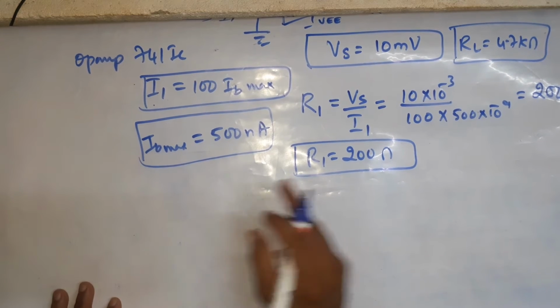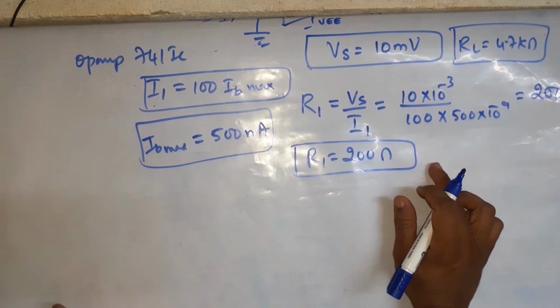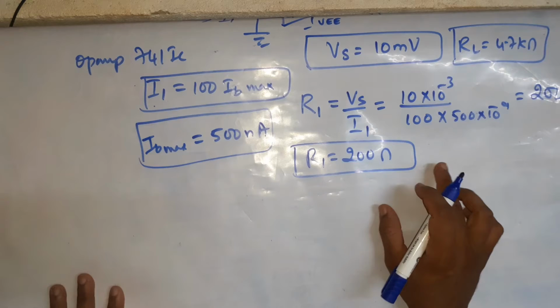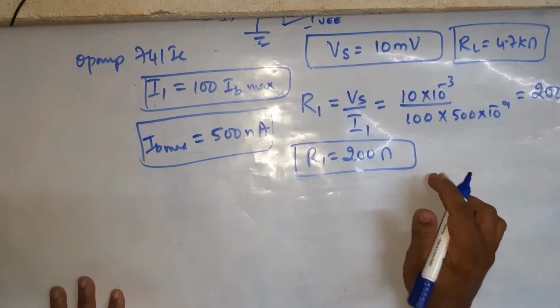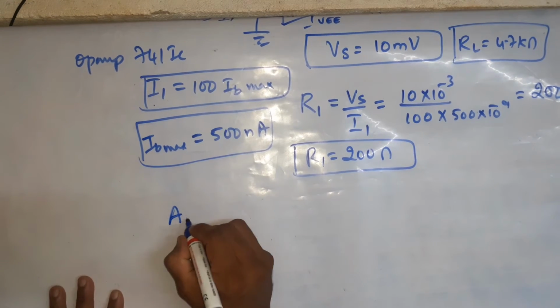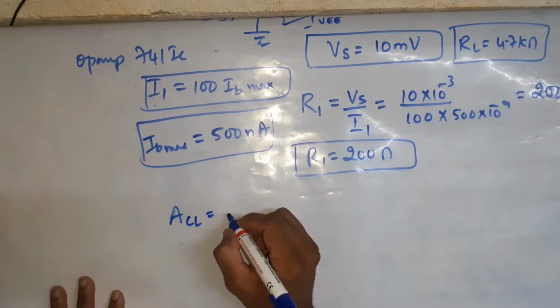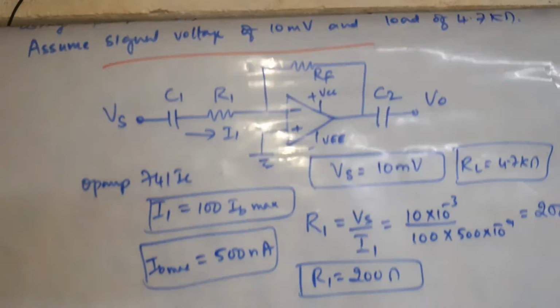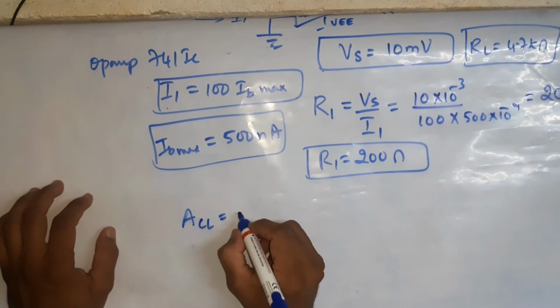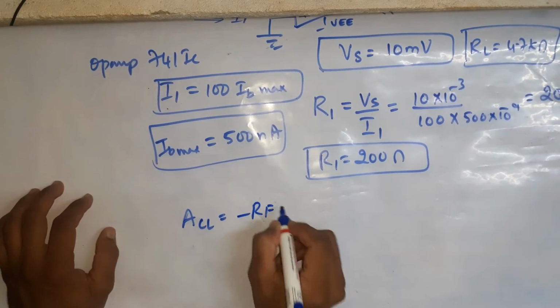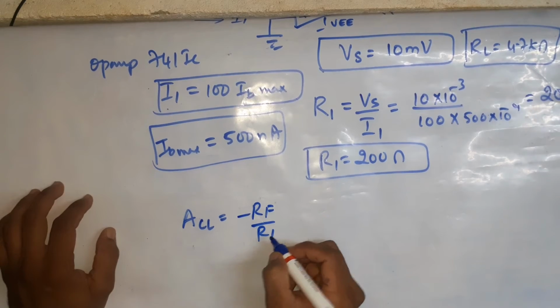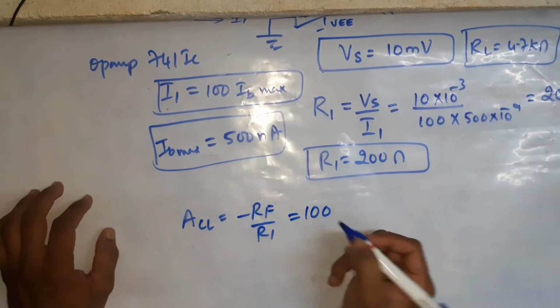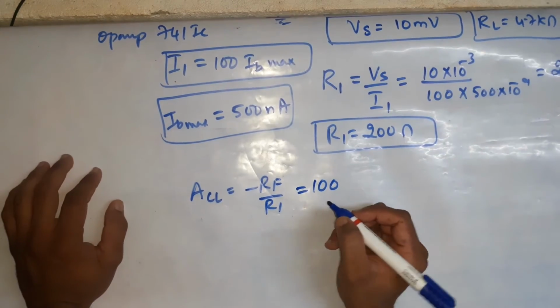Then we got R1, we require C1, C2 and RF, right? So first we'll get RF here. Is this inverting or non-inverting? Inverting, right? For inverting, the gain is given as minus RF by R1, right? So this is given to you as 100.